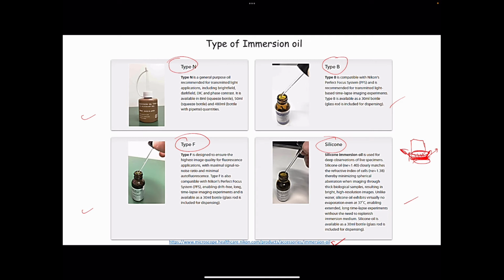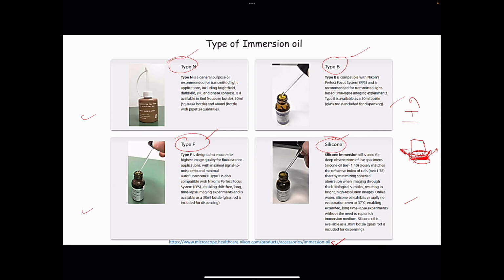Now, it is also important to note that oils should not be mixed with each other. All these different types of oils that I'm showing have their own physiochemical properties, so you cannot use a mixture. What happens if you use a mixture? Just think about it. If the physiochemical properties of type F oil and type B oil are extremely different, when you mix them there is a mismatch of the refractive index, a mismatch of the temperature they are stable at, a mismatch of the pH they give, and a mismatch of the physiochemical properties which help maintain the drift correction.